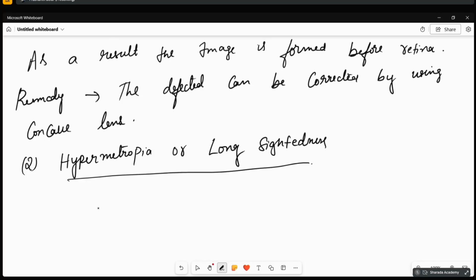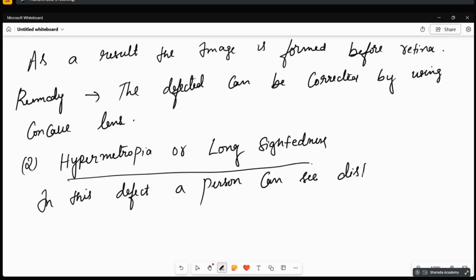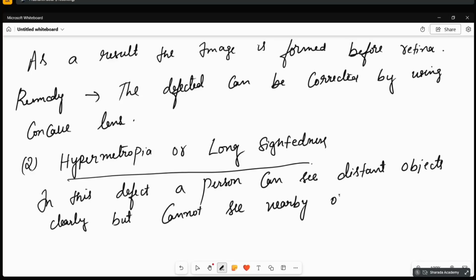In this defect, a person can see distant objects clearly, but cannot see nearby objects clearly.